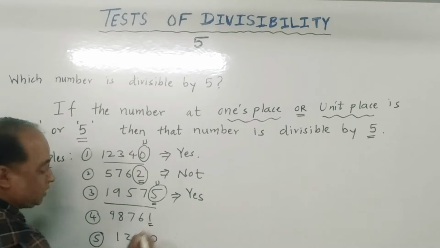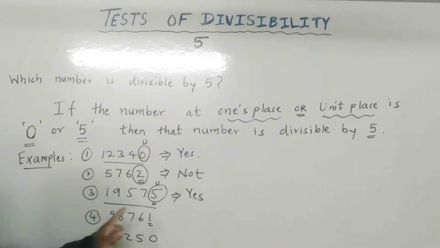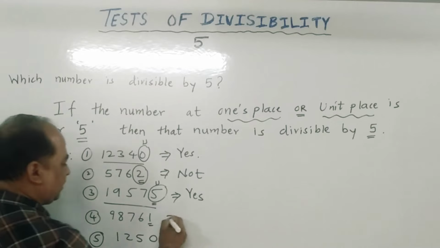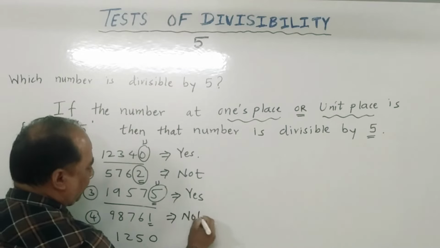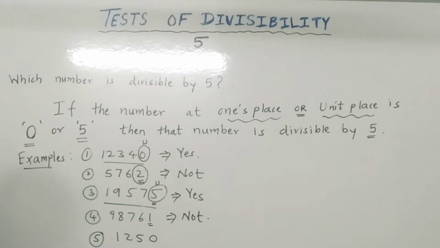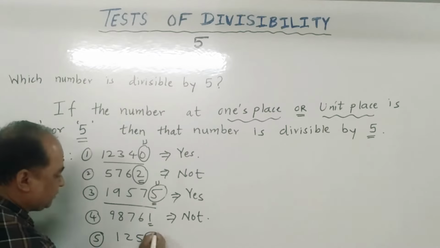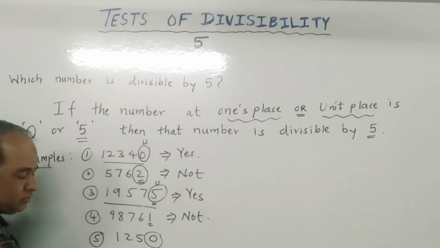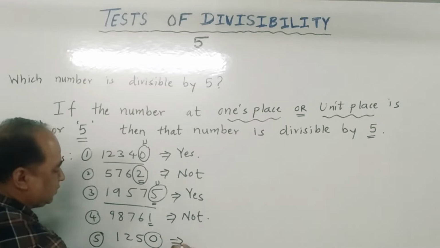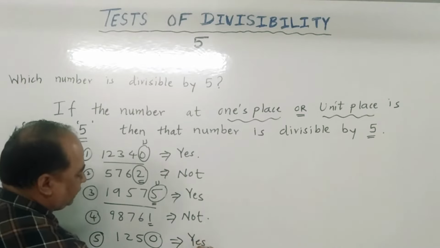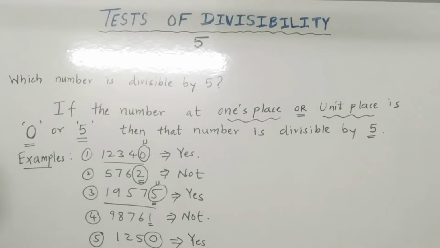The last digit of the number is 1. So which is not 0 or 5. So it is not divisible by 5. And the last example, 1250. The last digit of the number is 0. So this number is divisible by 5. This was test of divisibility of 5.